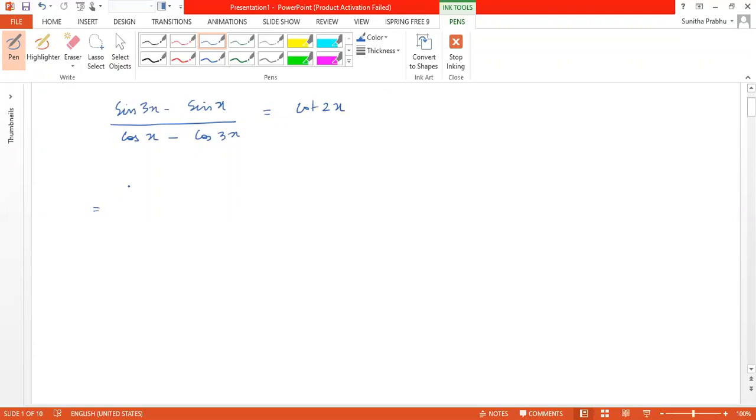Don't say that, just do as I say. Sine minus sine is 2 cos sine. Don't do that, just put it. Sine minus sine is 2 cos sine. Then cos minus cos is going to be minus 2 sine sine.